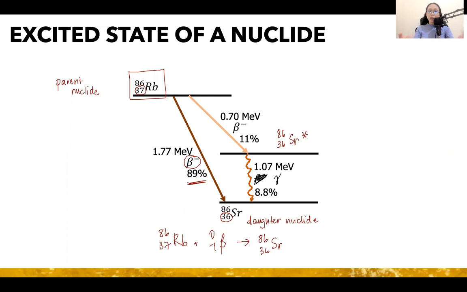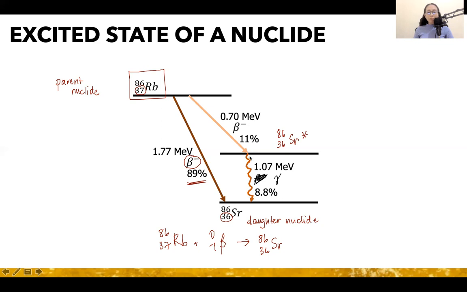It still forms the same daughter nuclide, but the only difference is that in the second pathway, it first forms the excited daughter nuclide, and then the excited daughter nuclide releases the excess energy through the release of gamma rays, or through gamma radiation. If you notice here, in the first step, we have 11%, right? So this is still consistent. We add this with 89%, we get 100%.